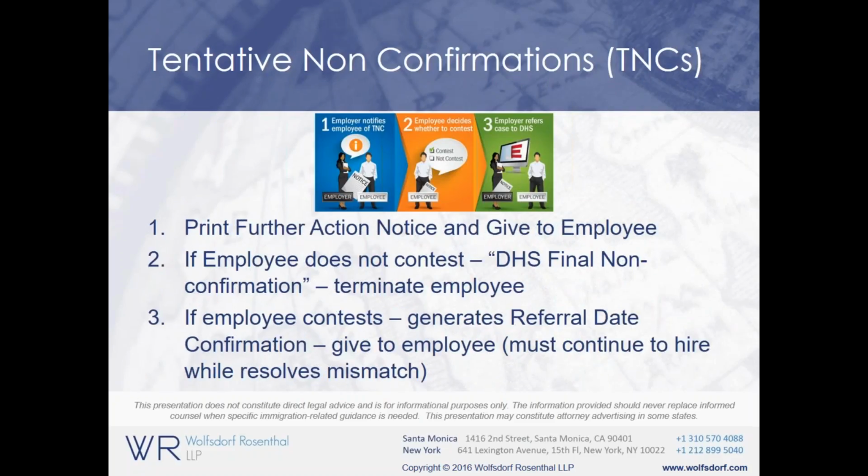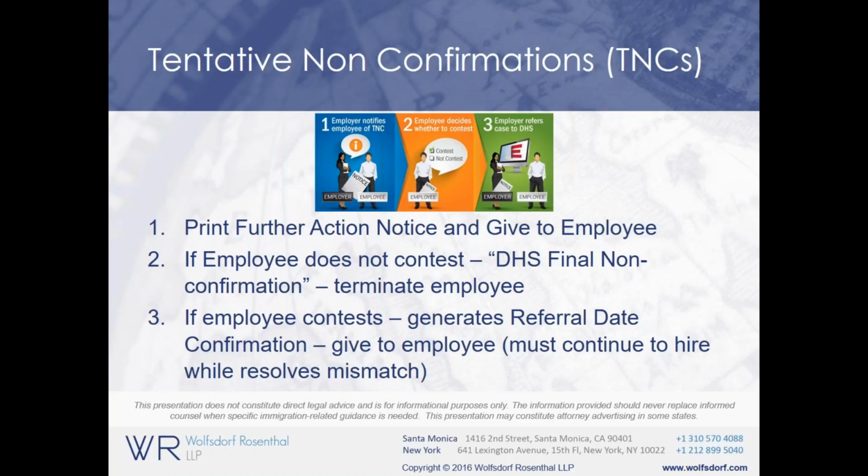With E-Verify, if for some reason, once the inquiry has been submitted, it comes back and gives you a tentative non-confirmation, this would go to the employer. The idea is that there may be a mismatch, some kind of an issue. Now the process here is the employer will print the further action notice and give that to the employee.